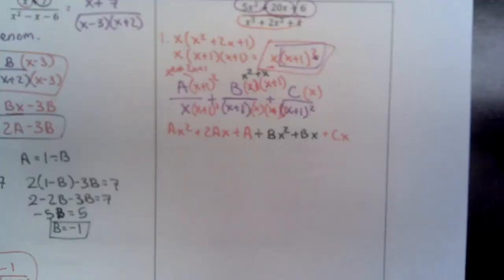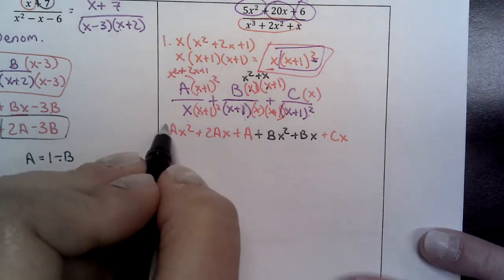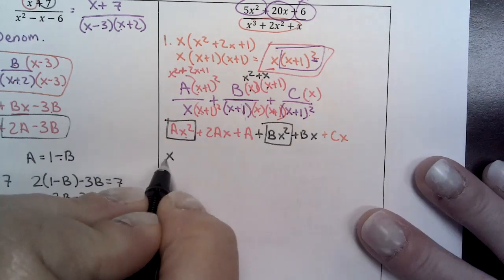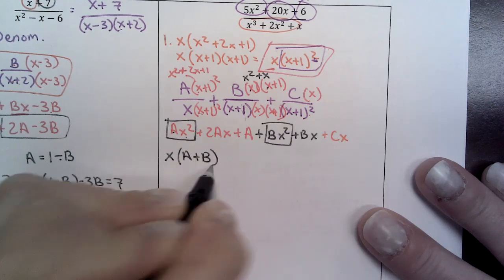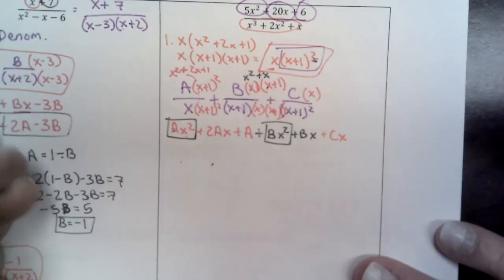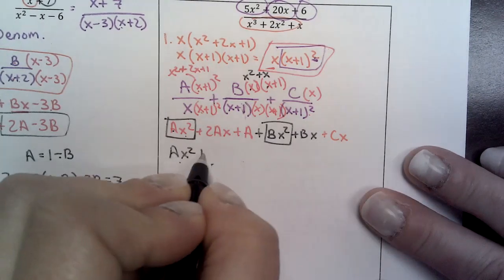Now I have to break this apart again. I'm going to find anything that has an x squared in it and pull out an x squared, and that would be just a plus b. Let me back up in case you didn't catch it on this last one. What I'm doing is grouping these together.